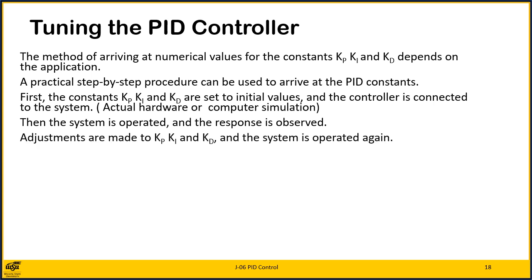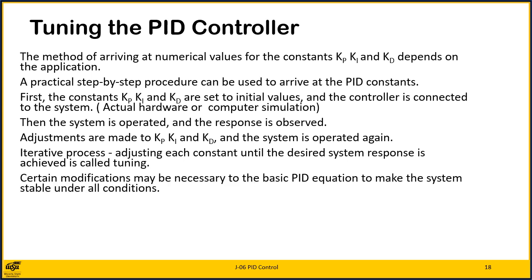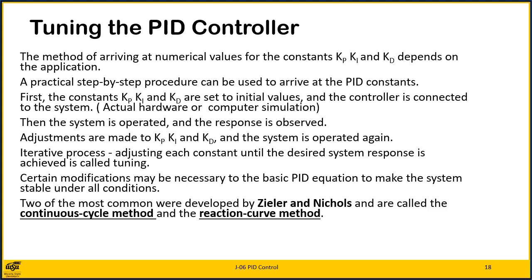Based on the response, adjustments are made to Kp, Ki, and Kd, and the system is operated again. This iterative process of adjusting each constant in an orderly manner until the desired system response is achieved is called tuning. Certain modifications may be necessary to the basic PID equation to make the system stable under all conditions.